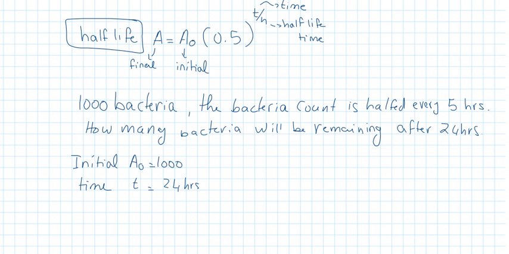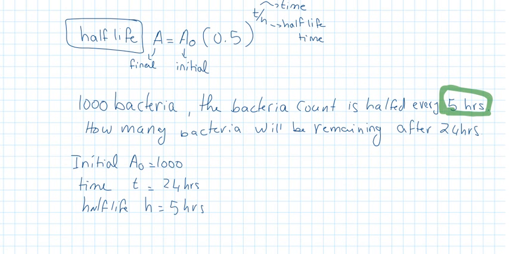When it says it's half every 5 hours, that means this is your half-life time. So every 5 hours, you're going to lose half of the amount. Okay? So that means this represents the H letter. So the half-life time is 5 hours.